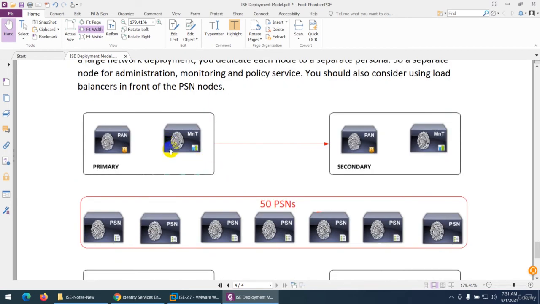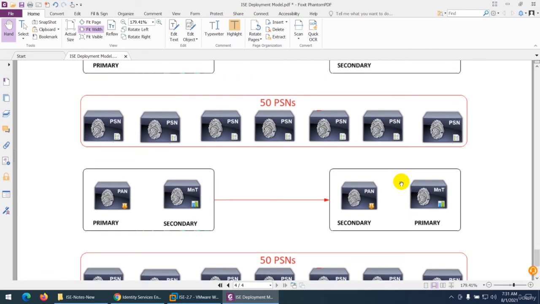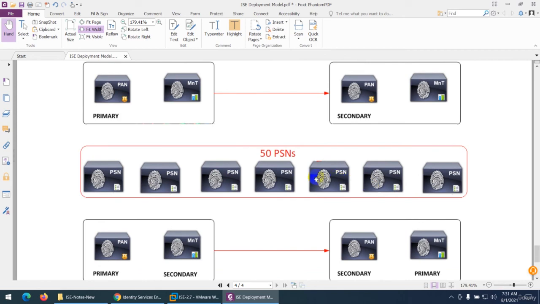You can make one entire box primary and another entire box secondary. Or you can make one box with one persona primary and the second persona secondary, and make the other box with one persona secondary and one persona primary. And as I told you, again, there is no concept of primary and secondary for PSNs.